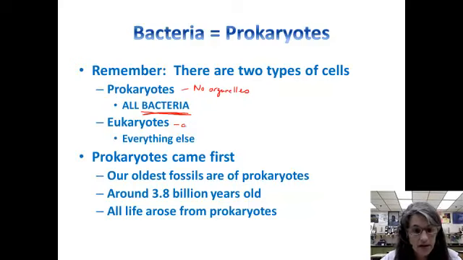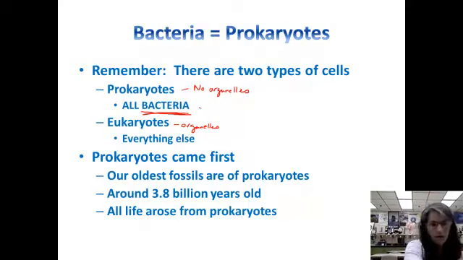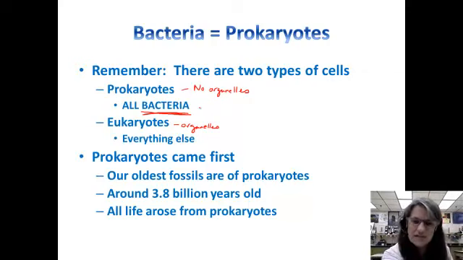Eukaryotes, of course, have organelles, have an enclosed nucleus, and so on, and are more complex. So if we do the traditional old school 5 kingdoms of life, bacteria are all off to themselves in one kingdom. That's since been revised, but let's think of it that way. They're all by themselves, and then eukaryotes make up the other kingdoms.